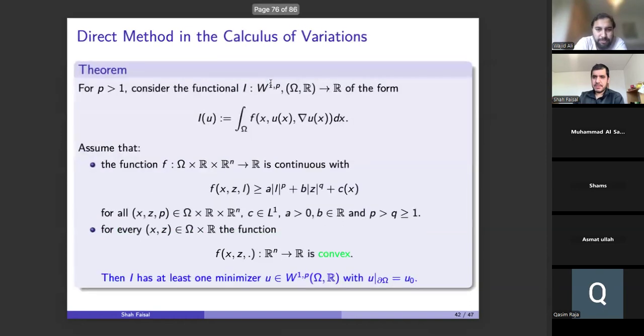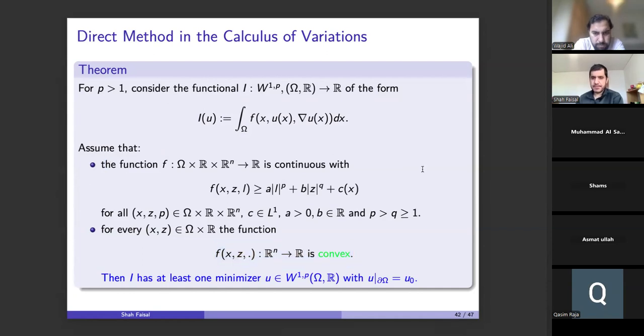Okay. And now this gives me the following theorem. So I consider some Banach space and the functional, and the functional grows. So there's a growth condition, which I assume to be this, because near infinity it should grow. And the integrand, which is f, is convex. Then it has at least one minimizer.